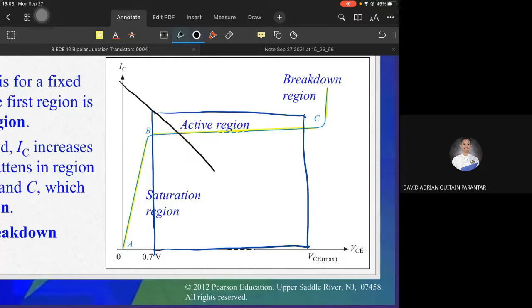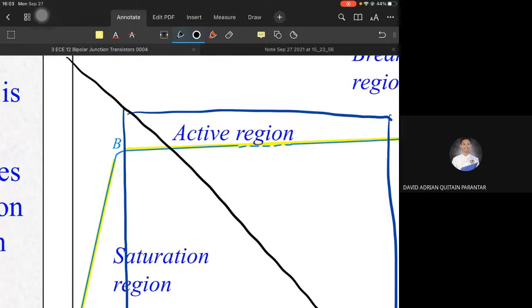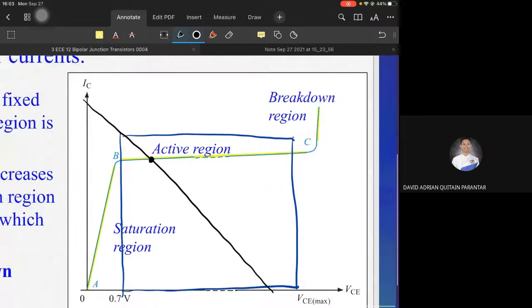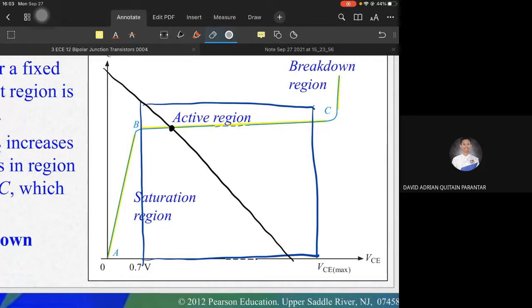If the intersection of the curve and the line falls inside the active region, indeed the BJT acts as an amplifier. The intersection of the curve and the line is this one, and it is inside the active region, so the BJT acts as an amplifier.